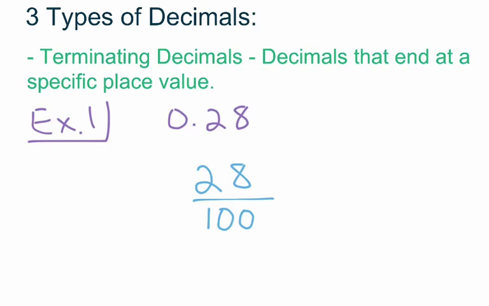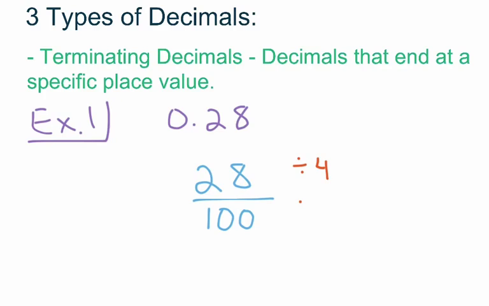So if we have 28 over 100, we want to think of what the greatest common factor of 28 and 100 would be. If you don't know what the greatest common factor is, that's fine. You can start simplifying. Just make sure your problem is completely simplified at the end. The GCF for both of these numbers is 4.